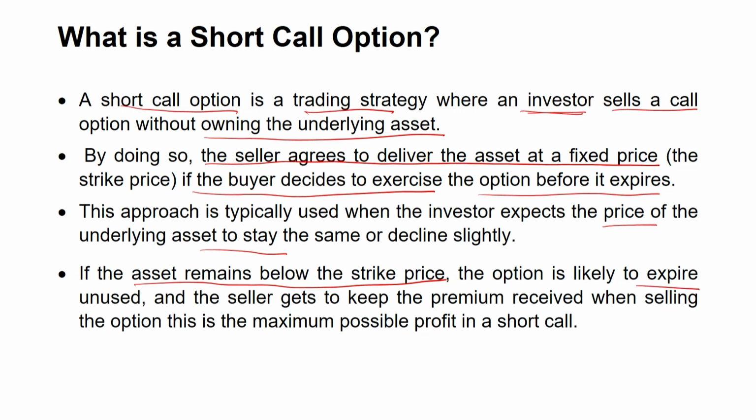That means the right of purchasing the asset will not be used, and the seller will not need to purchase the asset from the market and deliver it to the other party, and the seller gets to keep the premium received. That is the potential profit that they can keep, and when selling the option, the maximum possible profit is the premium for the holder of the short call.